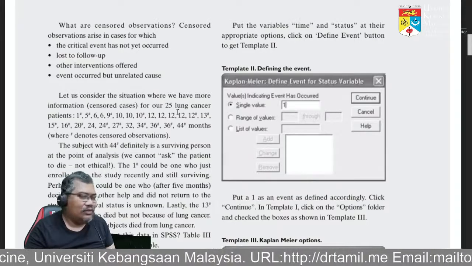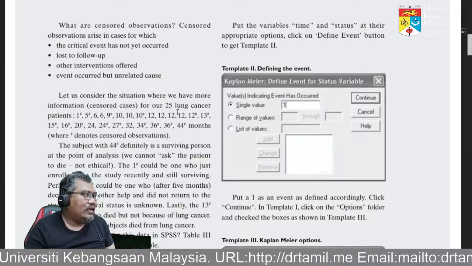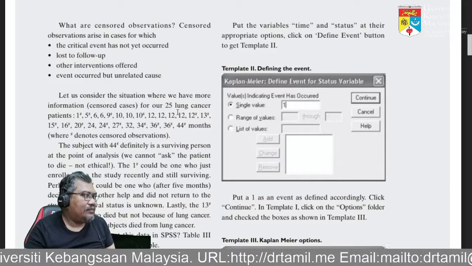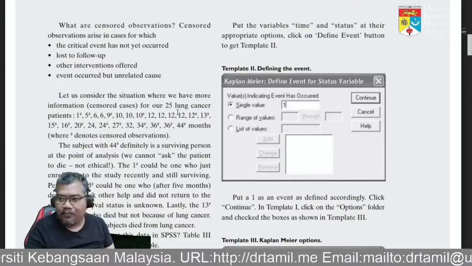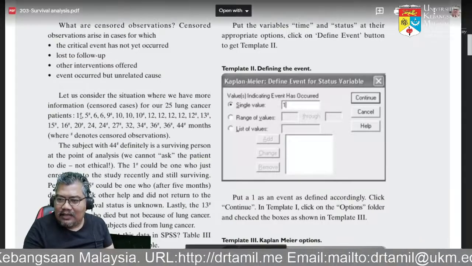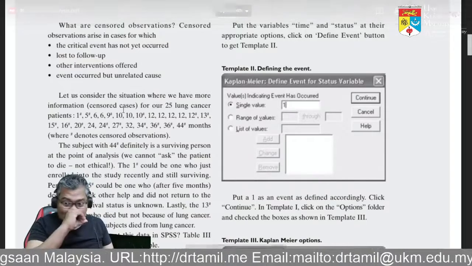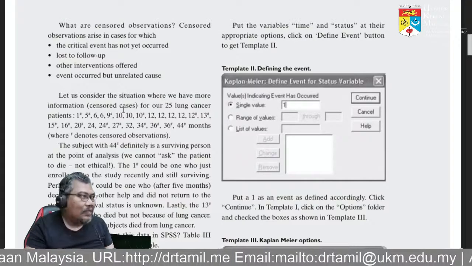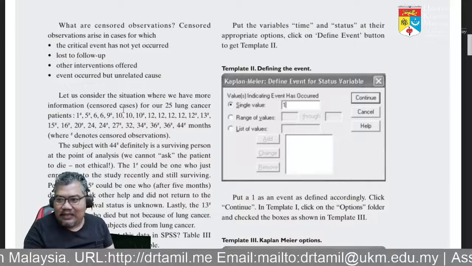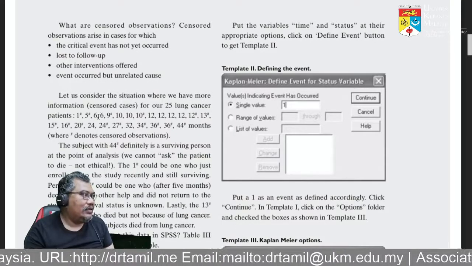So they are doing a survival analysis, and the endpoint of interest is death. As you can see, there's a star behind some of the symbols. The star denotes censored data. Censored data means the patient did not die.